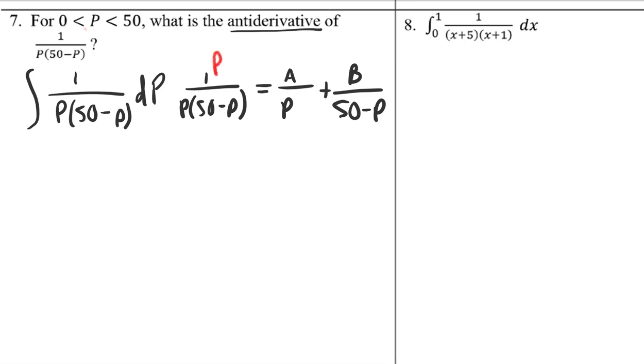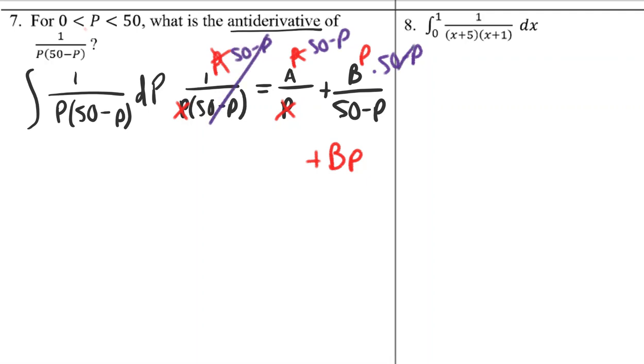Okay, now if I go through and multiply everything by p, this cancels out, this cancels out this. These two do not cancel out, so that will be bp. I would like to multiply everything by 50 minus p. That makes these cancel and these cancel, but these stay around.